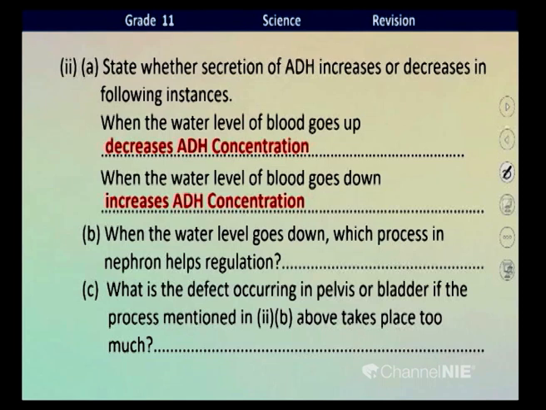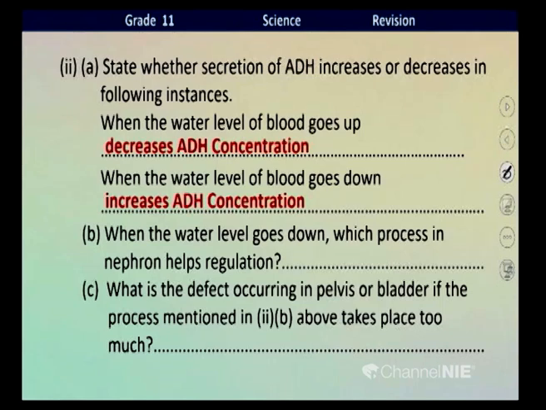You know children, ADH is secreted by the pituitary gland, right? Then what actually happens when the ADH concentration increases in the blood? This affects the nephrons of our kidney, children, right?